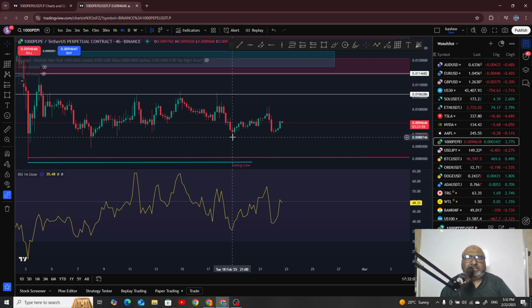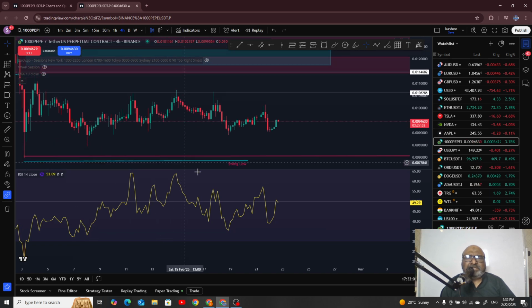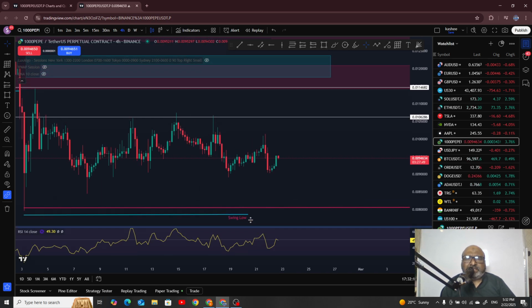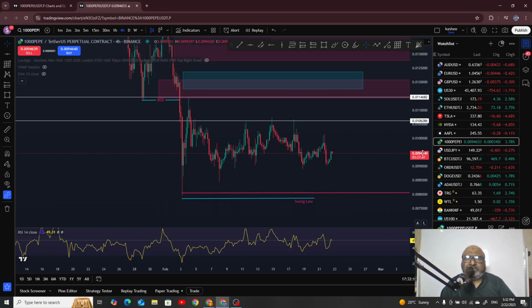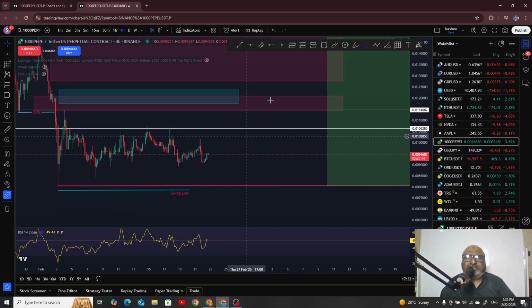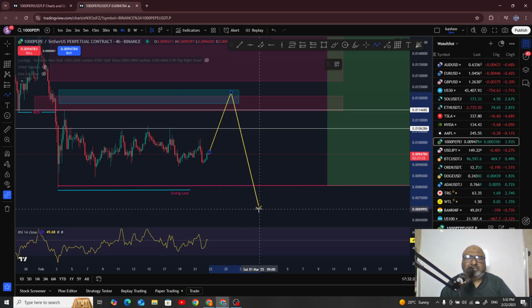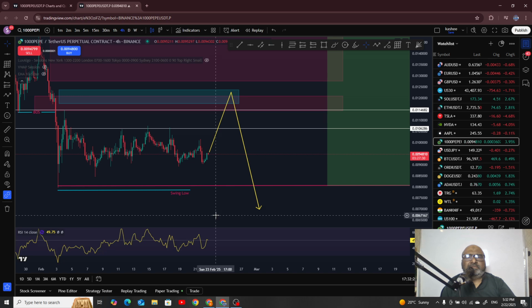Okay, so there is a lot of liquidity towards this side as well, but since the market is in downtrend, it is likely that market will try to sweep the liquidity towards the sell side and then go down. Okay, this is how I analyze this.